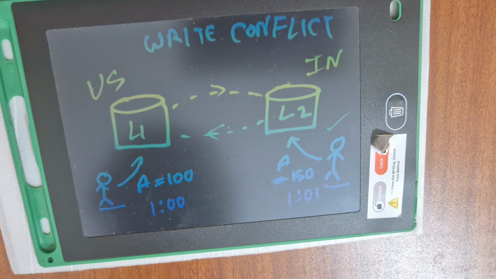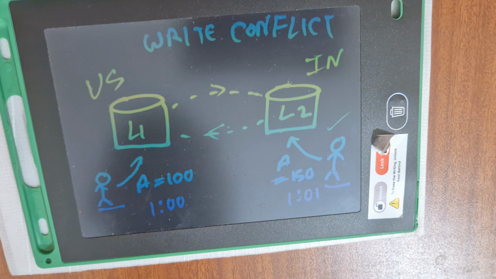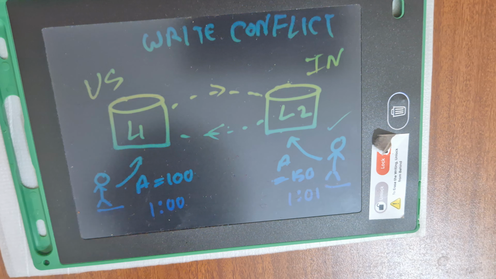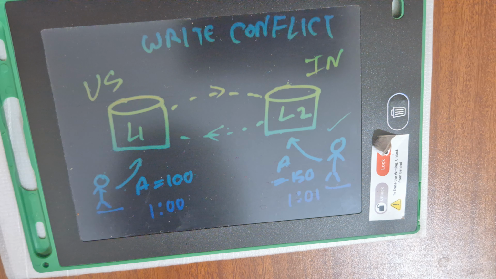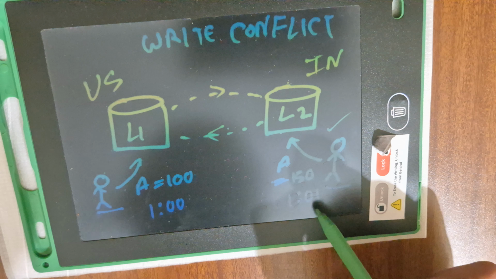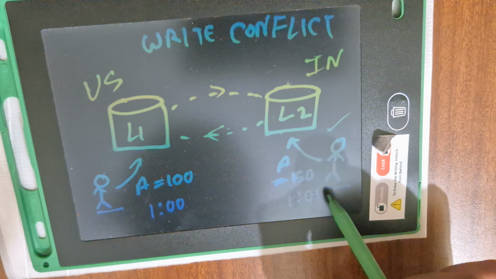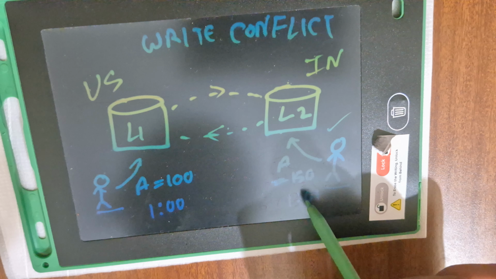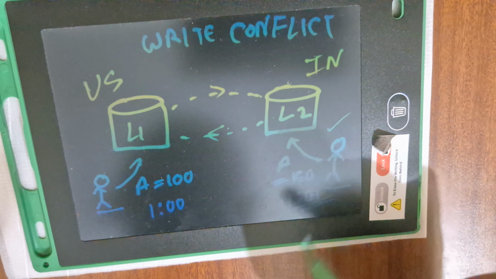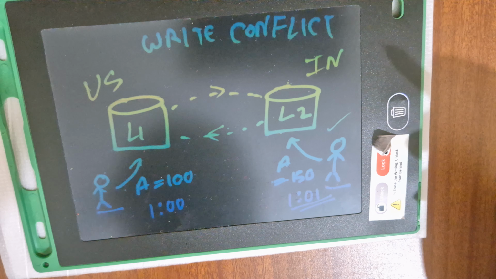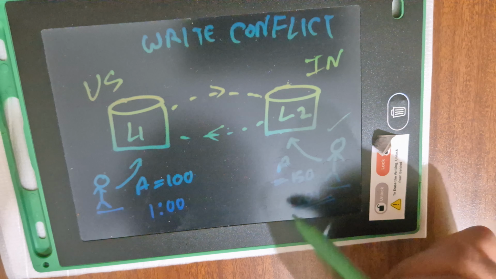According to the temperature, the crystal's movement can change, which can differ the time a little bit here and there. So again, we don't know which write was made last. It can be possible that this write was made at 100, but due to some problem in the quartz crystal, this write became 101.